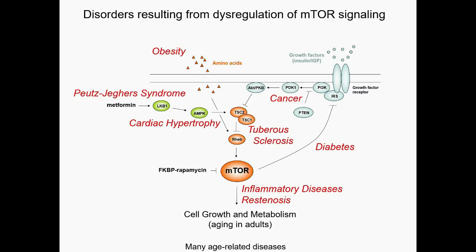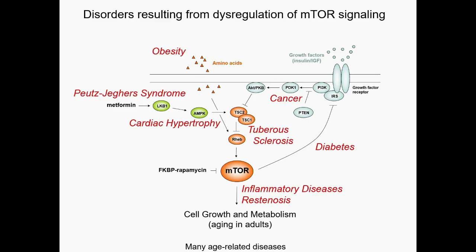We know that chronically high circulating levels of nutrients can upregulate mTOR even in the absence of growth factor, and this can then lead to adipogenesis and obesity, which can in turn lead to type 2 diabetes. We have a more direct link to type 2 diabetes in this negative feedback where mTOR phosphorylates and inhibits this component of the insulin signaling pathway so the cell becomes insensitive to insulin.